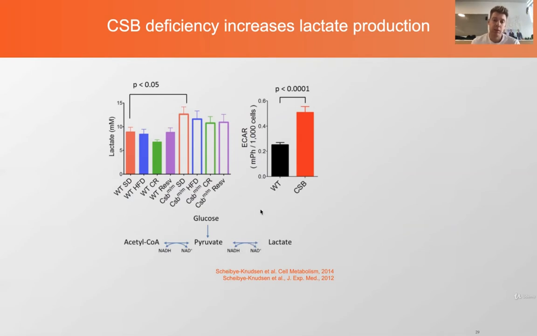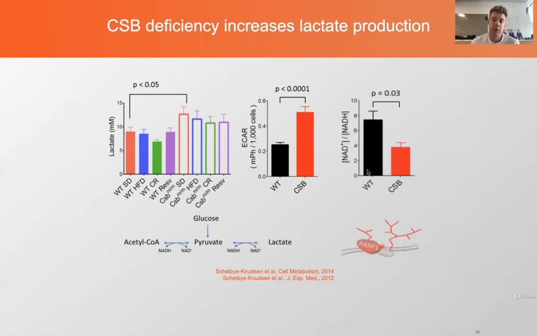So we next wondered if there could be changes in that, and indeed, the changes in the NAD/NADH ratio actually completely explain the differences we see in lactate production. So this actually now became quite interesting for us because NAD is also a factor that's important in DNA repair through this enzyme called poly-ADP ribose polymerase 1, PARP1.